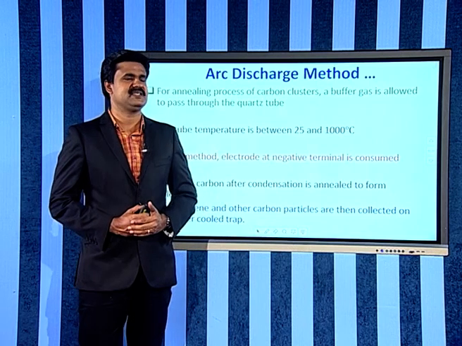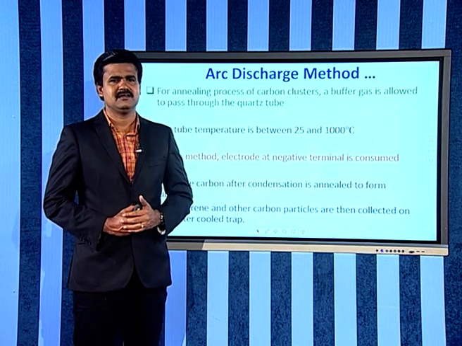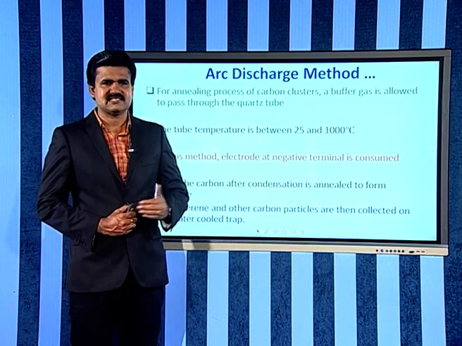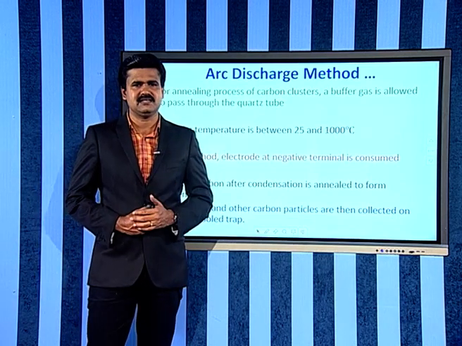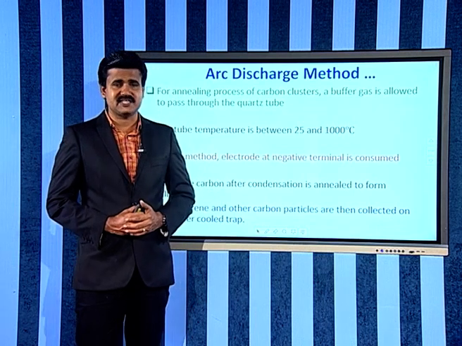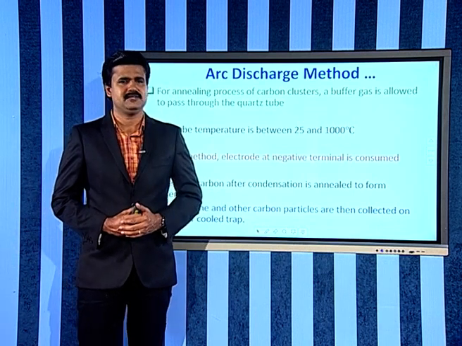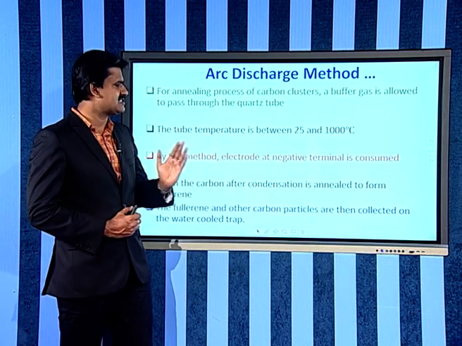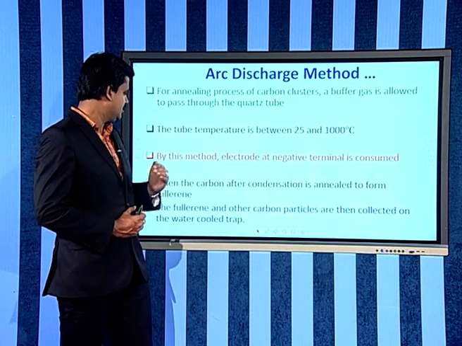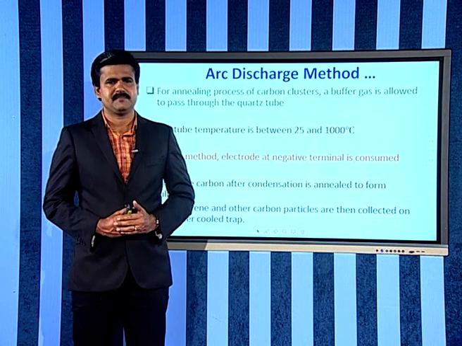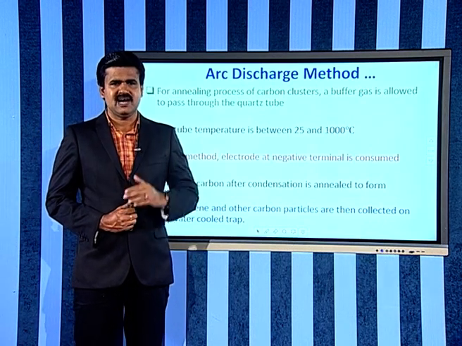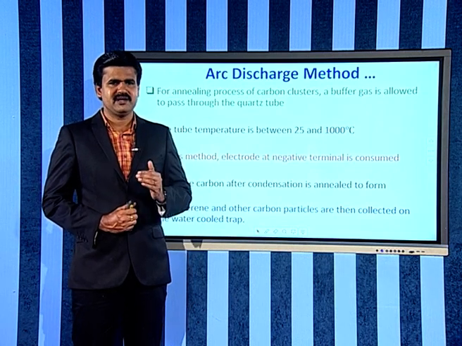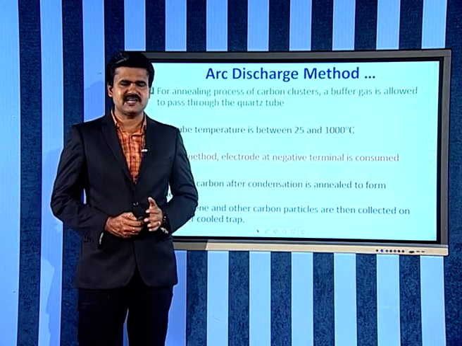The tube temperature is maintained between 25 and 1000 degree Celsius. In this method, the electrode at the negative terminal is consumed. Then the carbon after condensation is annealed to form fullerene. The fullerene and other carbon particles are then collected on the water cooled trap.